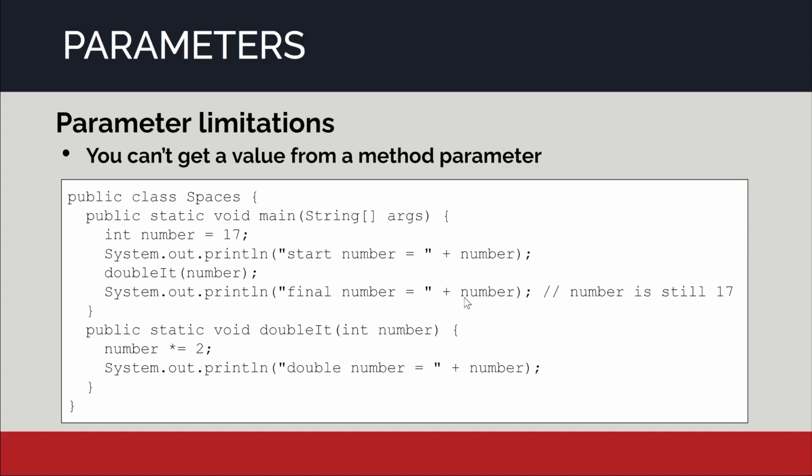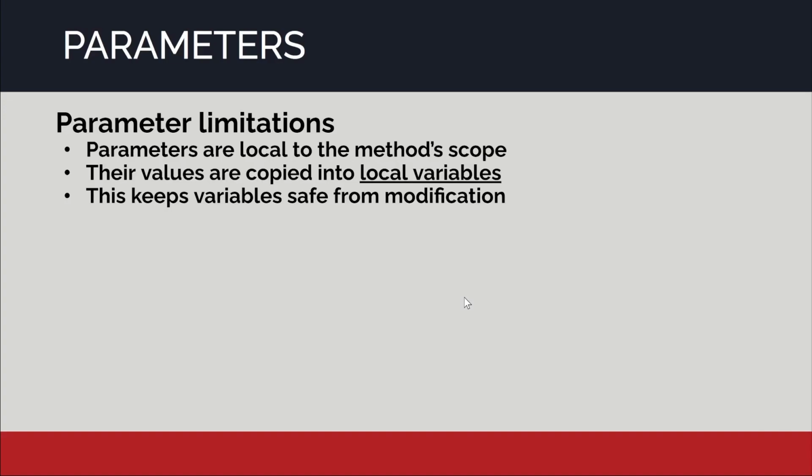And the reason why this happens is because parameters are local to the scope of the method that they are declared in. So the values are copied into local variables. They're not just passed in, and this keeps the variables safe from modification.